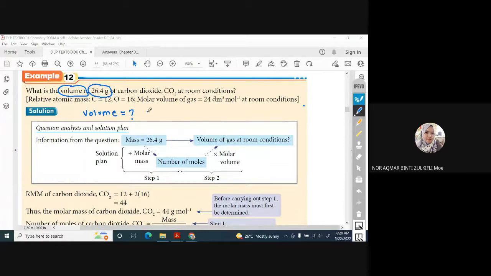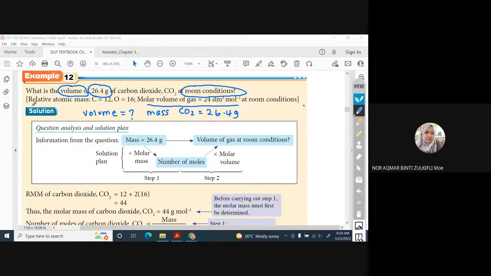So from the question, we have the mass of carbon dioxide, CO2, which is 26.4, at room conditions. Given the situation is room conditions, we have the value for molar volume of gas given as 24 dm cube per mole.